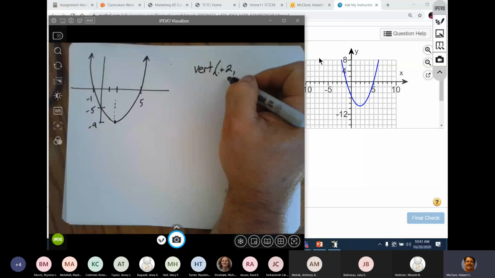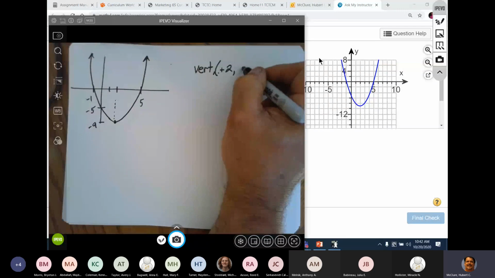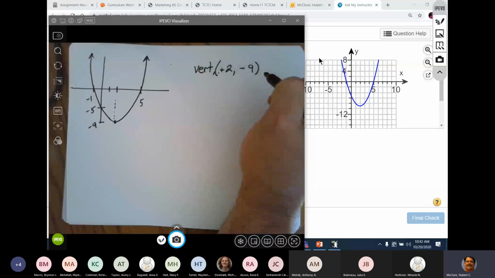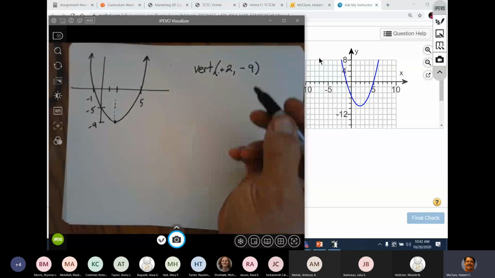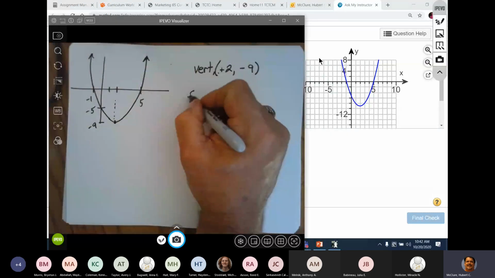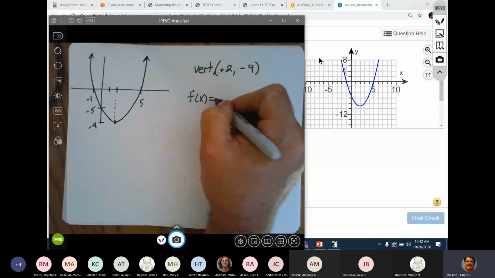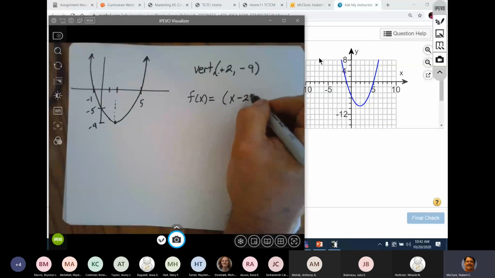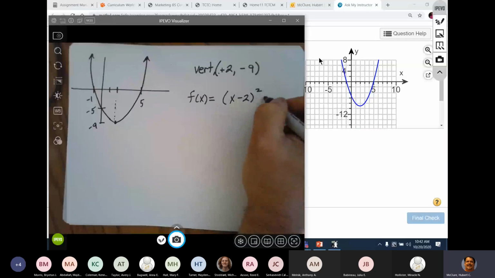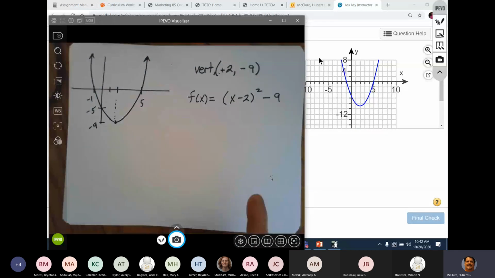And -9. There's our vertex. So if we were to rewrite this, it would be f of x is equal to, parentheses, x minus 2, quantity squared, minus 9. There is our equation.